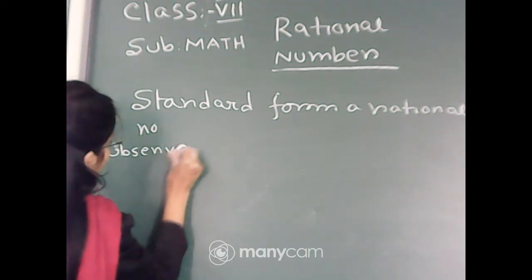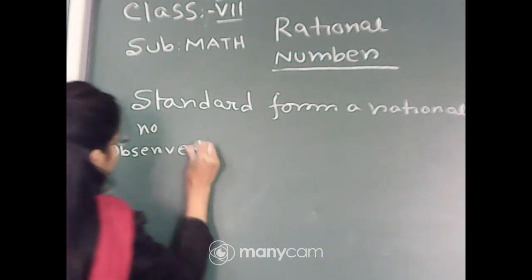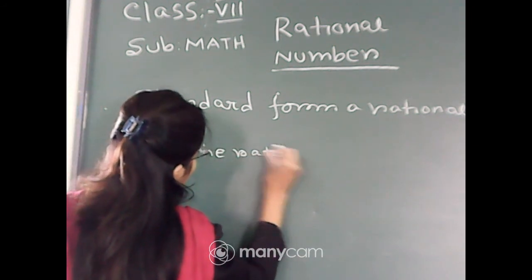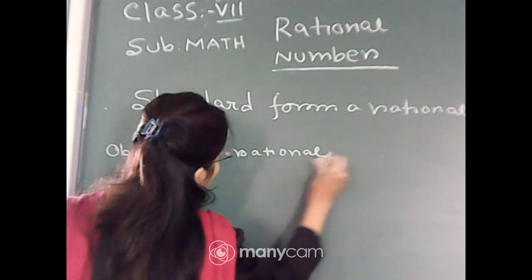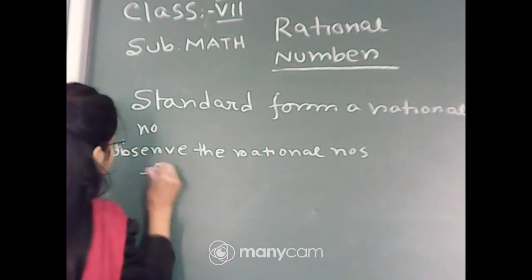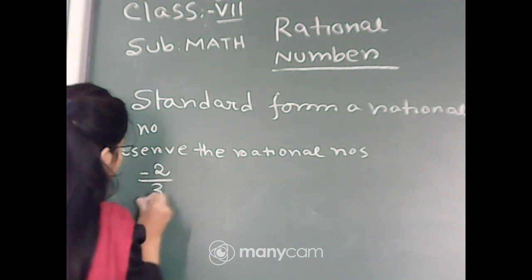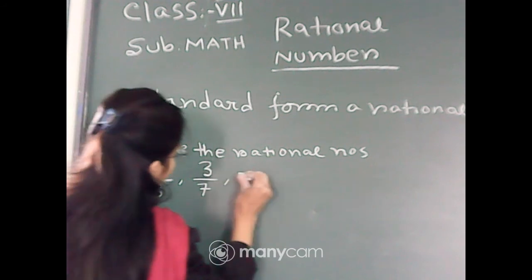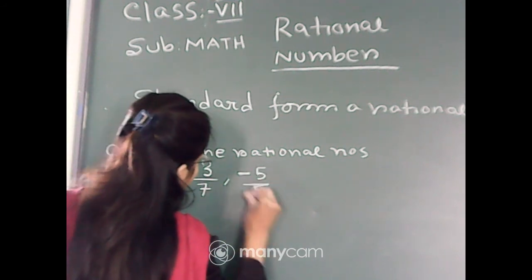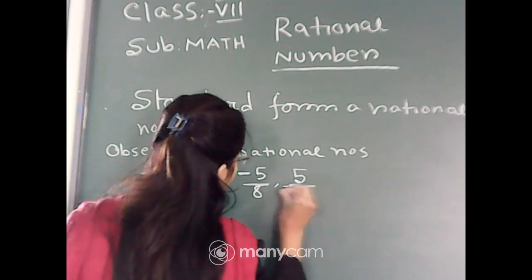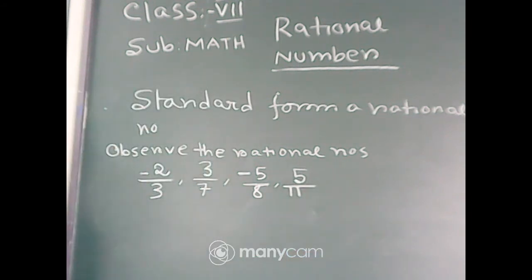Observe the rational numbers minus 2 divided by 3, 3 divided by 7, minus 5 divided by 8, 5 divided by 11.